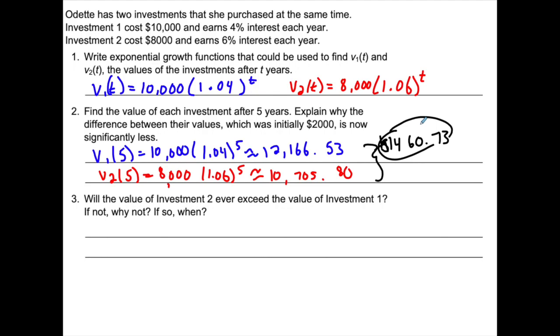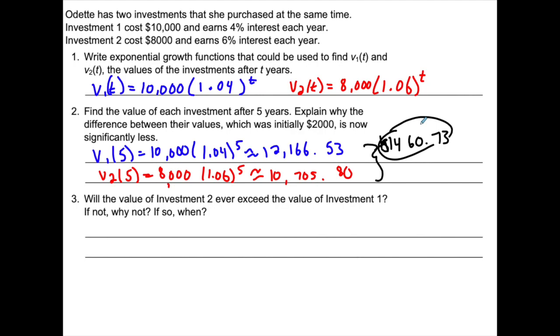Okay? So the difference has decreased, right? Now, instead of being a $2,000 difference, there's only a difference of about $1,461. And again, that's because one is growing faster than the other.